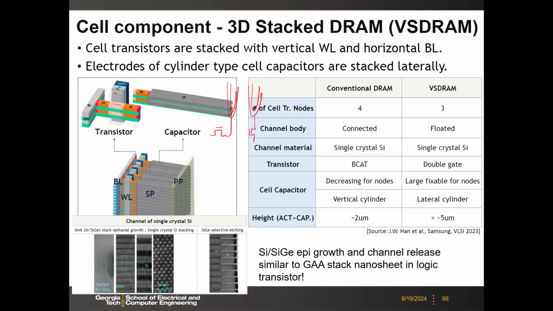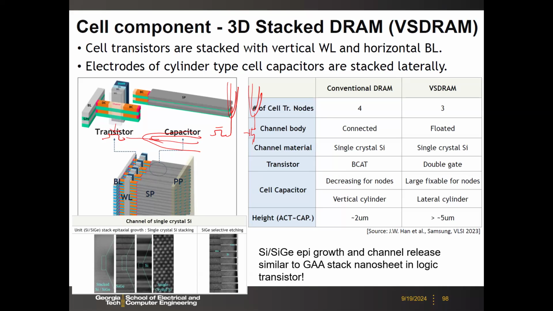But this approach is totally different. This is to lay down the entire 1T1C horizontally, or sometimes we call it horizontal 1T1C. So you have the 1T and the 1C horizontally. Okay, so you see some schematic like this.